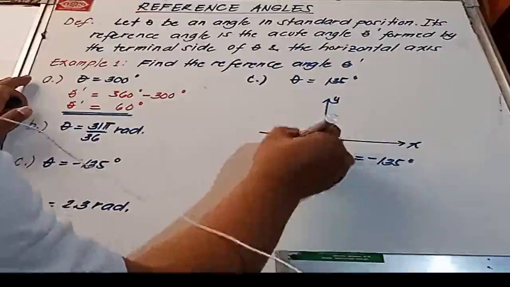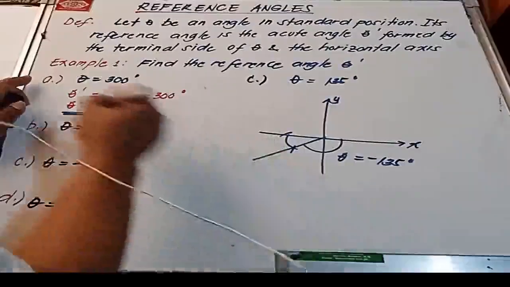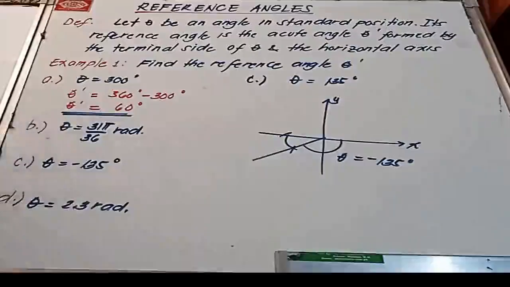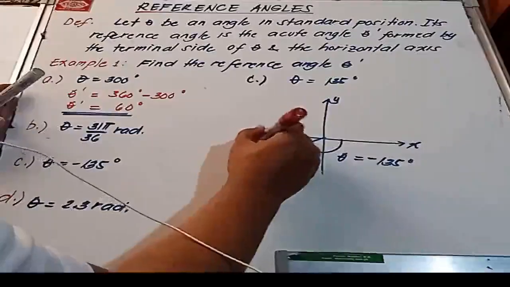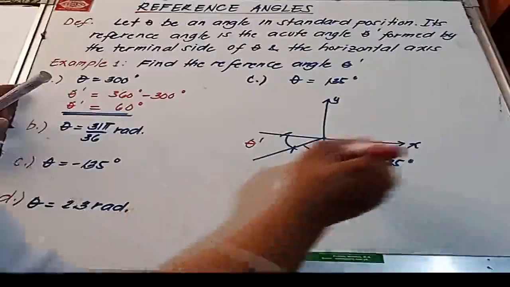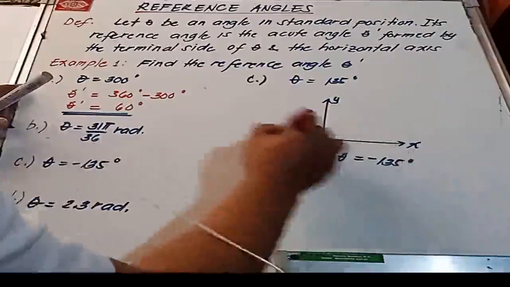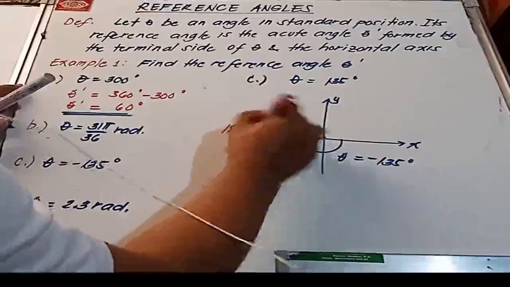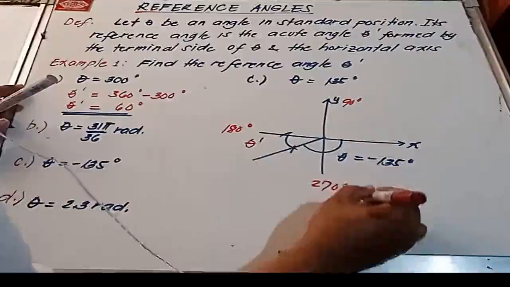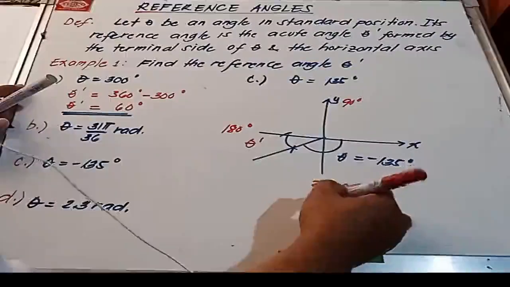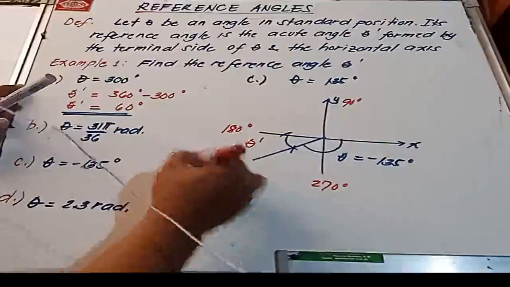Ito ang kailangan natin. That is your reference angle, theta prime. Okay? Ano makukuha sa theta prime? So, from here, this is 180 degrees also. This is 90 degrees. This is 270 degrees. But if this is the rotation, this will become 90, and this is also 180. Okay?